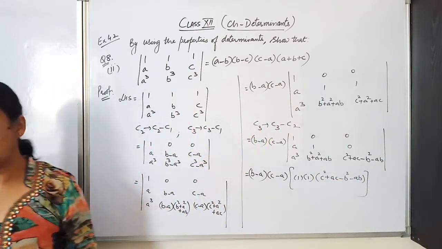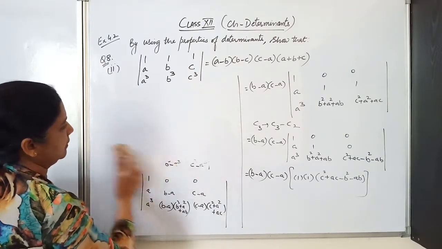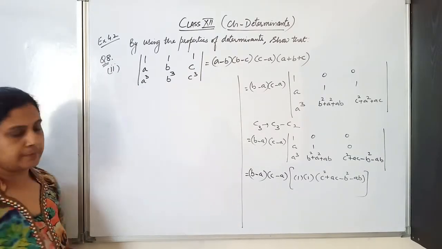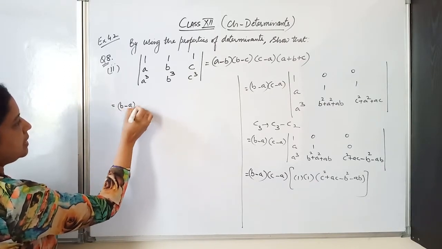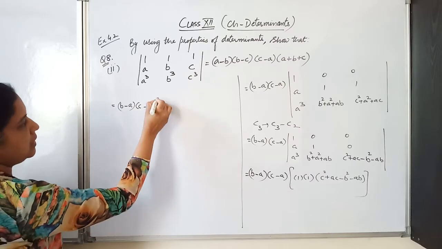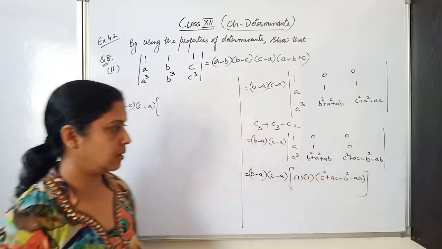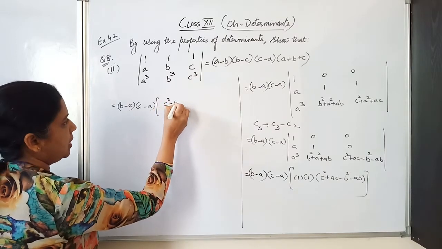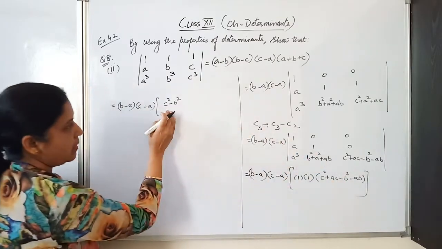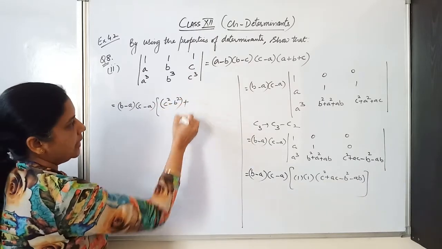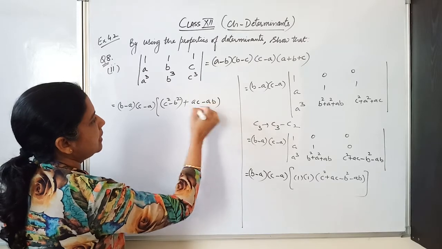So I'll be simplifying it further. It is equal to B minus A into C minus A into this whole factor, 1 into 1, so it remains the same factor. Let's sort it out. I've written down C square minus B square, then plus AC minus AB.